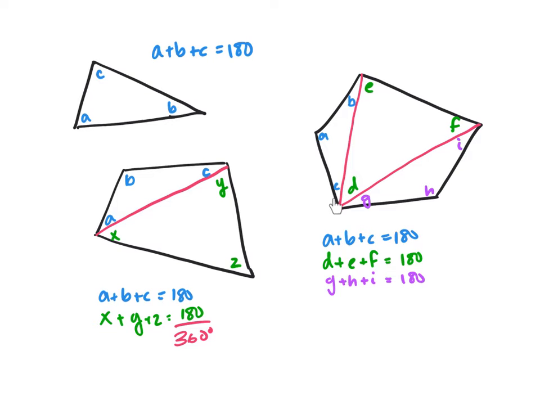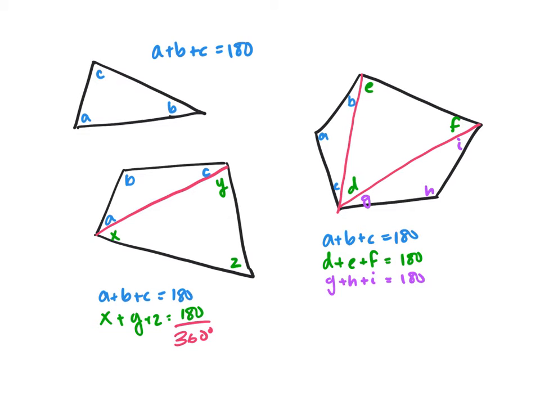So if I was trying to figure out the total for all 5 angles of my pentagon, I'd be adding A plus B plus E plus F plus I plus H plus G plus D plus C. So I'd be adding all of these letters together, and as I can see, I'm going to have a total that's 180 plus 180 plus 180, right?